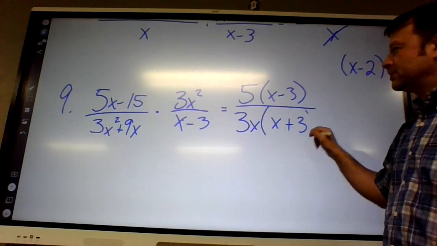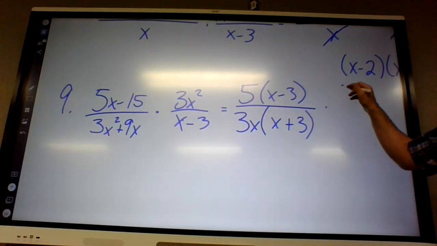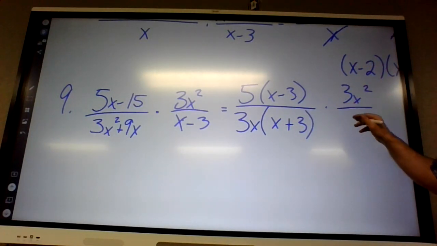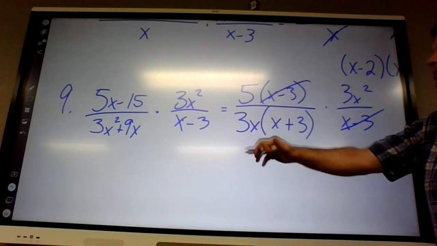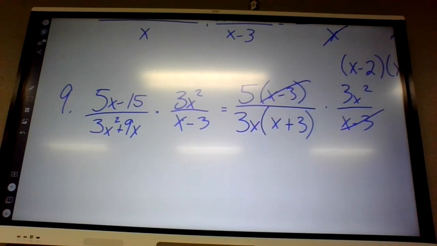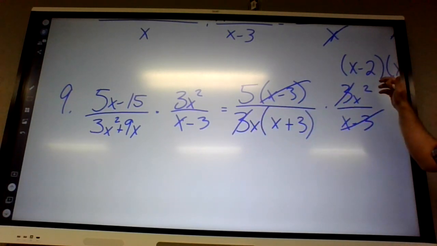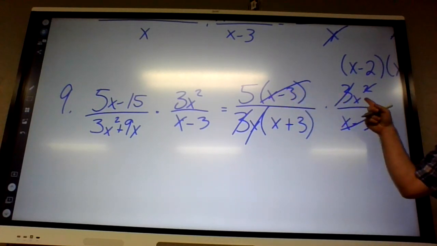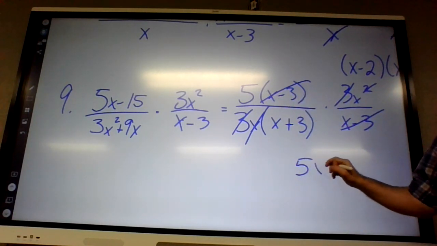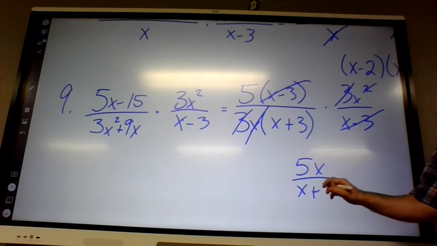Exactly what you said. And the right is too simple to factor. What crosses out? X minus 3 and subtract x. X squared minus x, the x go away. So on top I have 5x, and on bottom I have x plus 3.